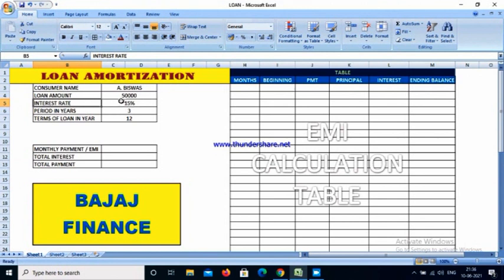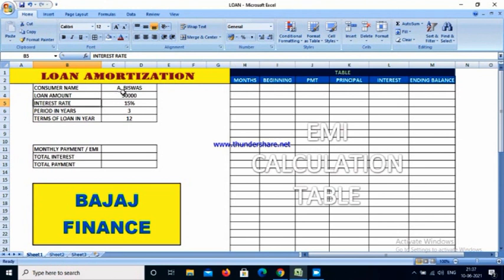Your actual data means the actual amount which you take from the organization that will give you the loan amount. Here I have taken one organization named Bajaj Finance. Bajaj Finance provides 50,000 loan amount to A business, a consumer.